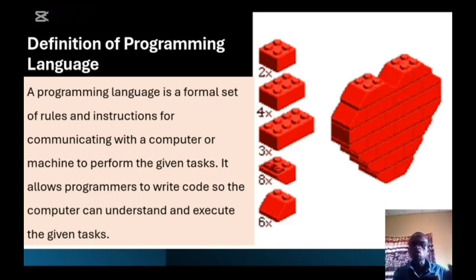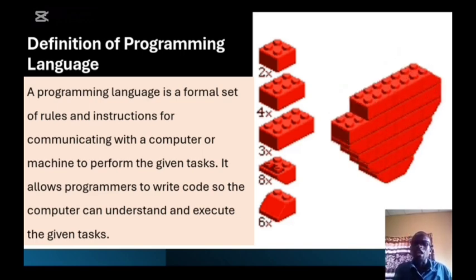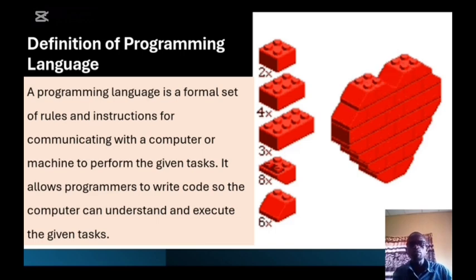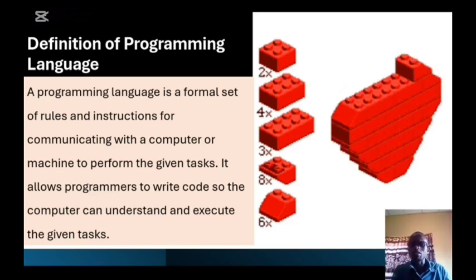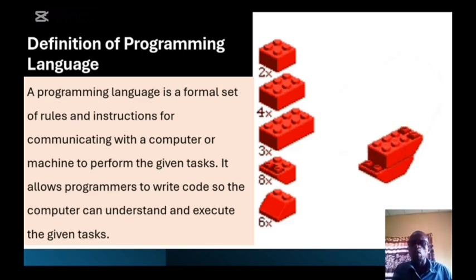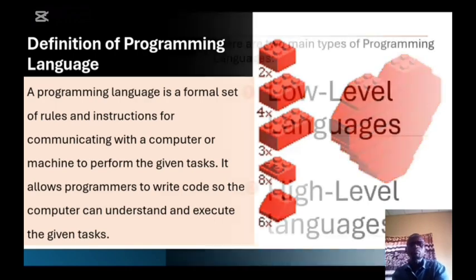So the instruction we give to computer in the language it understands is what it is using to perform the task. So the language that computer can understand so that it will obey our instruction is called programming language.